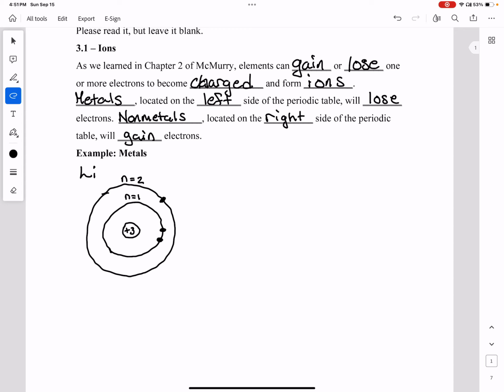So what's going to happen here is it's going to lose the outermost electron and downgrade to its 1s shell, its 1s orbital. So this would be lithium plus, since we have 3 positively charged protons in the nucleus and then 2 negatively charged electrons in that 1s orbital.